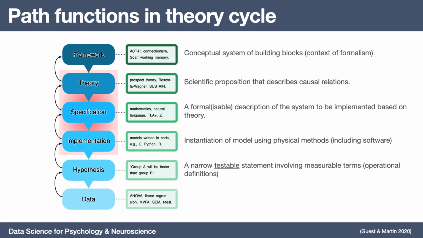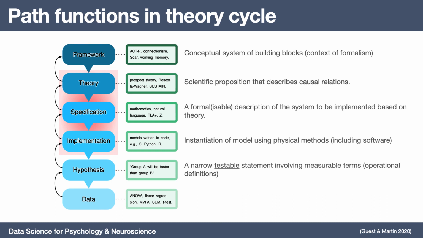That allows you to now develop a narrow testable statement involving measurable terms, a hypothesis. These are your specific operationalized constraints of your specified theory. So now when we talk about a hypothesis, we're talking about a specific model that can be specifically implemented in a framework, in an implementation system like Python or R.